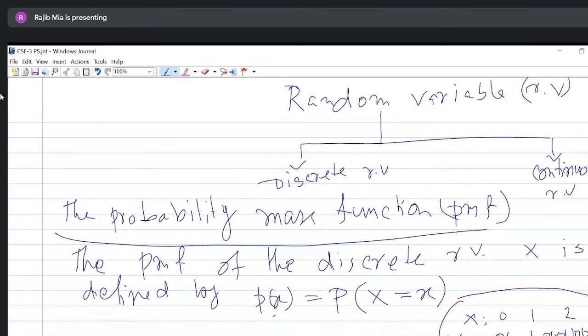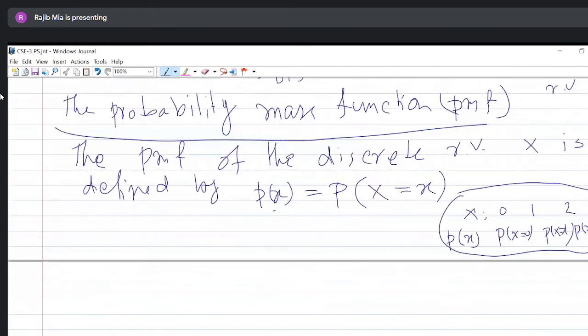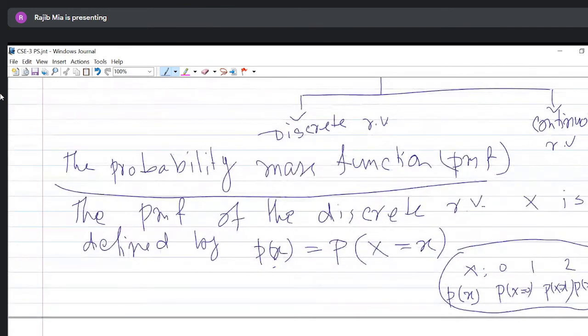So probability mass function means we have to find the probability at each possible value of the random variable capital X. But this function p(x) should satisfy the following two conditions. Then we say that this is the probability mass function.